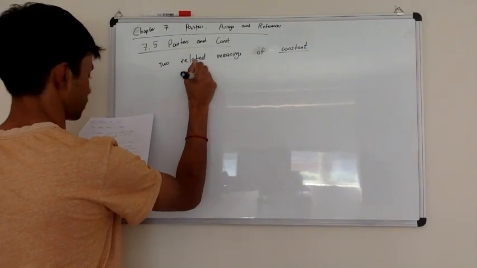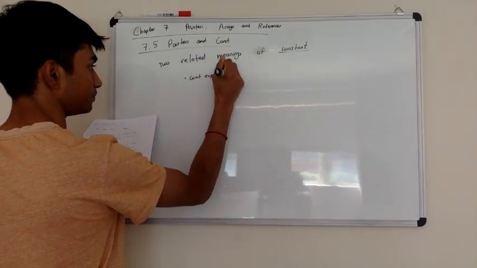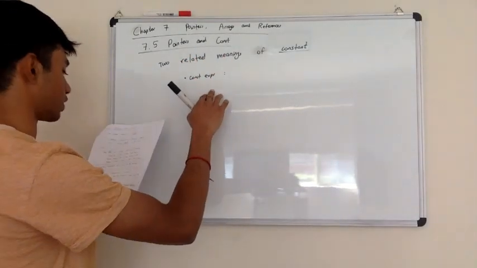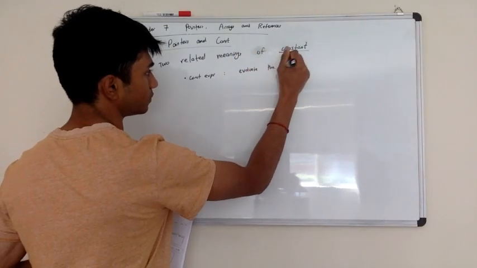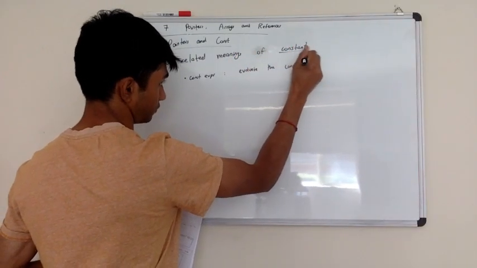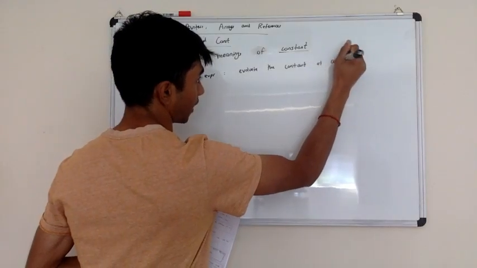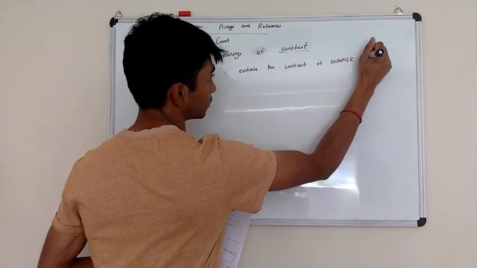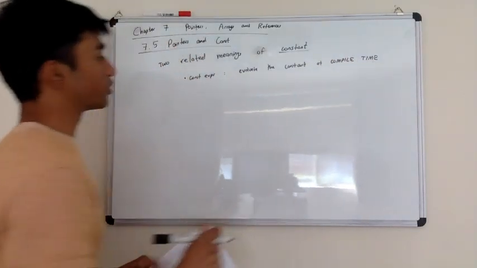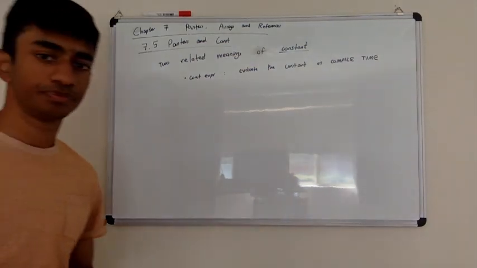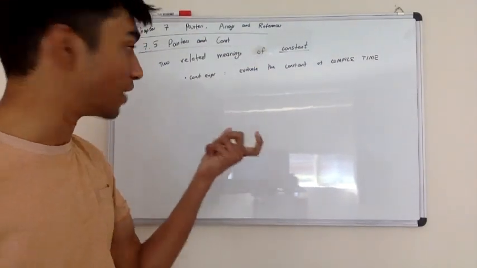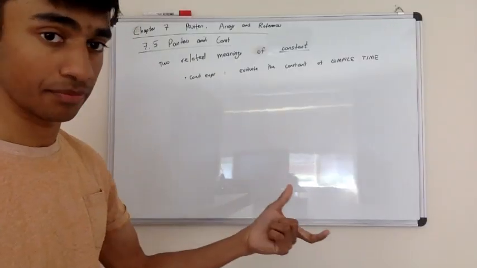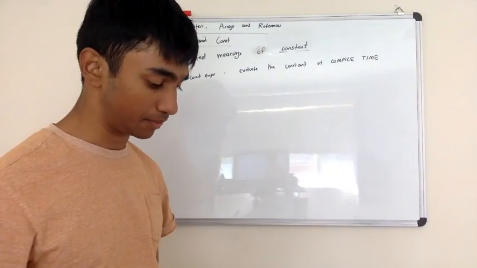There's the constexpr, right? This is one keyword we can see, and this basically means evaluate a constant at compile time. So if you ever see something declared as a constexpr, it's telling the compiler to figure out the value of that constant at compile time and maintain that value throughout the runtime.